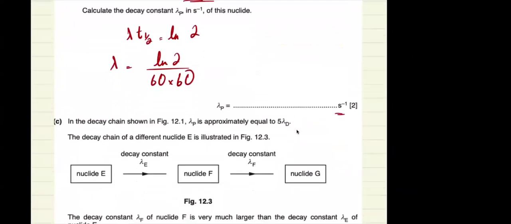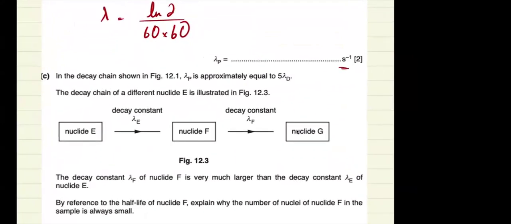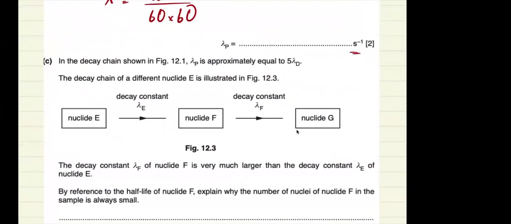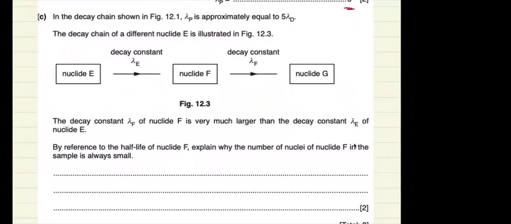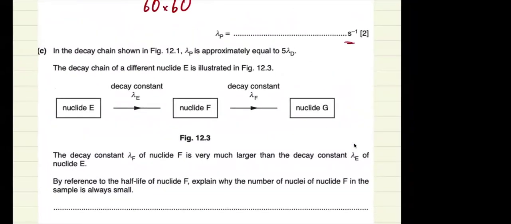In the decay chain shown in 12.1, lambda P is approximately equal to 5 lambda D. All right, now this seems like a technical part.